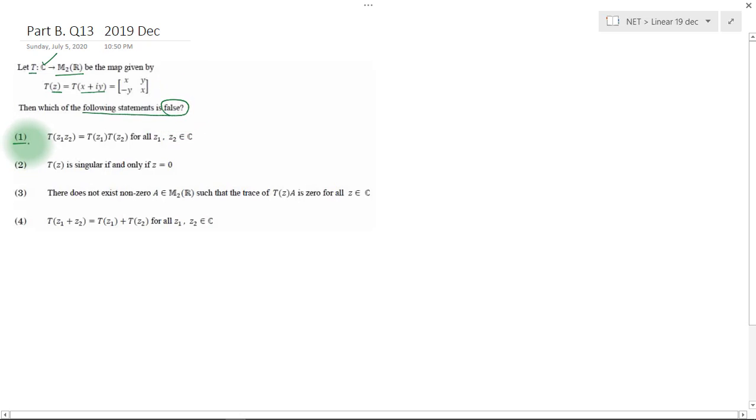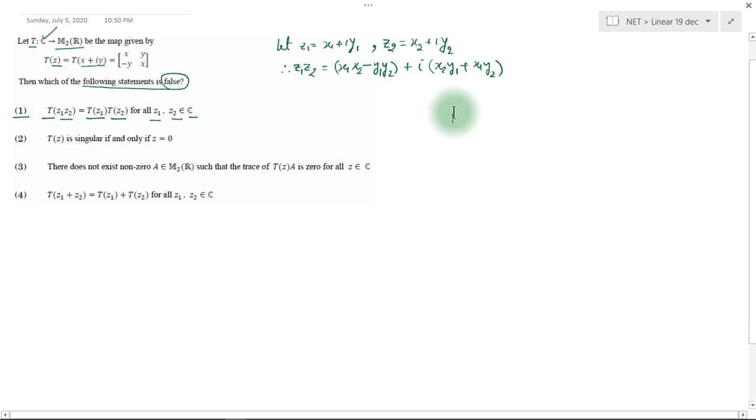So now observe the first option. T of the multiplication of Z1 and Z2 will be the multiplication of TZ1 and TZ2, where Z1 and Z2 are any complex numbers. Let us take any two complex numbers Z1 and Z2. Now calculate the multiplication of Z1 Z2 and the result will be this.